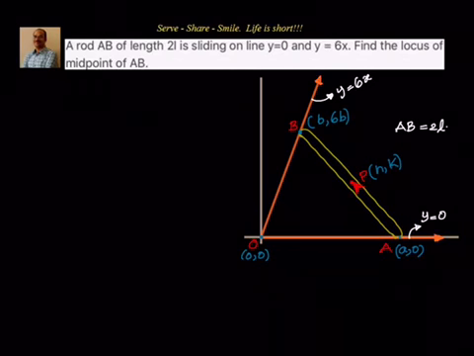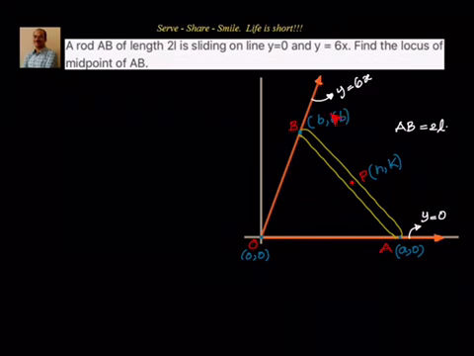Since y equal to 0 is a horizontal line, I can take a comma 0 as one end of AB. Similarly, B is the other end and it is on y equal to 6x, so I take x equal to b, and y equal to 6 into x, that's 6b.